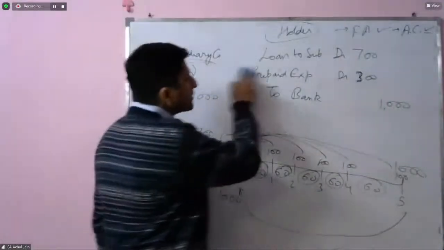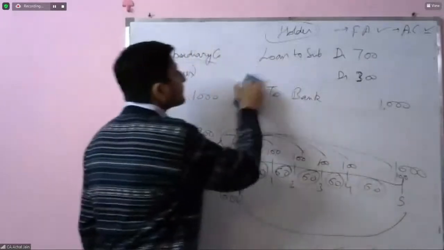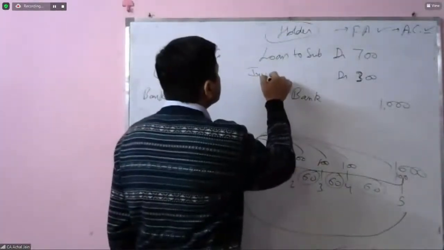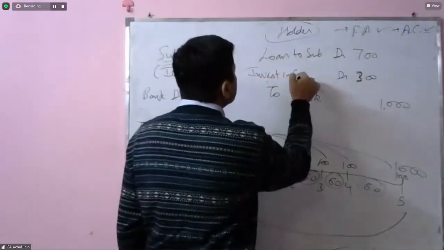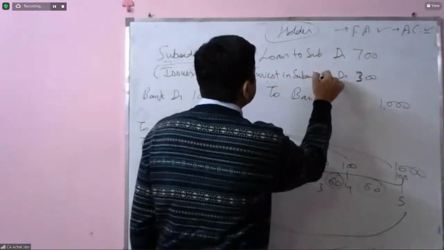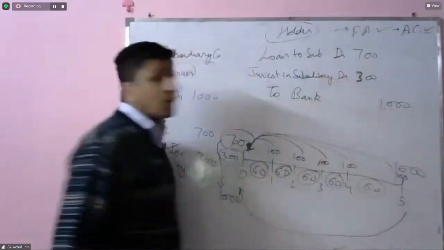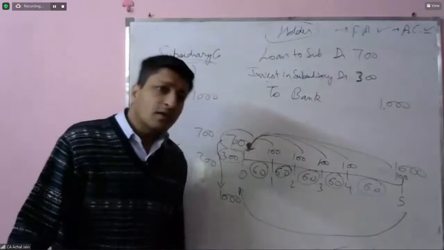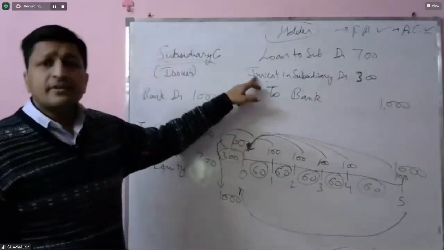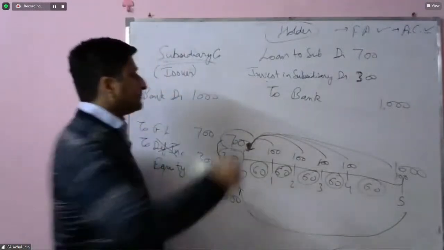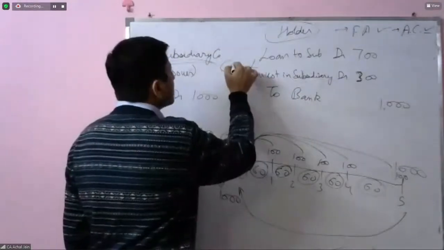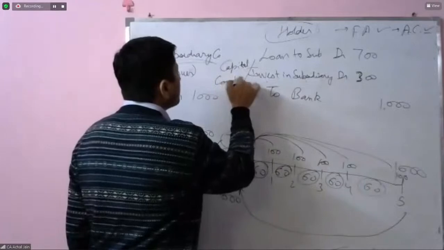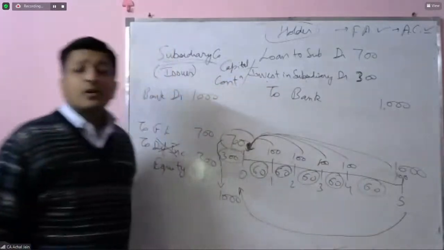Instead of prepaid expense, we will call it investment in subsidiary, or to which we can give a separate name, capital contribution. This is technically known by this name, capital contribution.